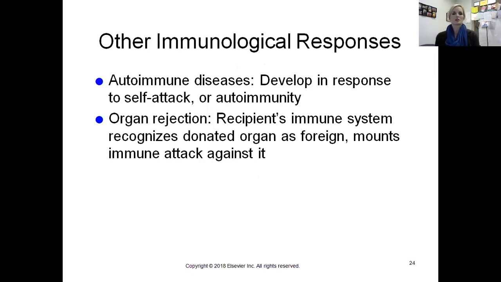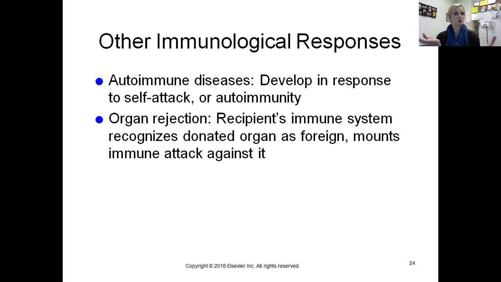Other types of immunological responses, we have what's called autoimmune diseases. There are lots of different examples of this. Lupus, rheumatoid arthritis is an example of this. But in this case, what happens is normally our body is supposed to recognize the difference between self and non-self. Self cells are normal. You belong there.